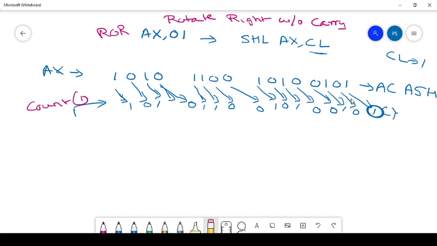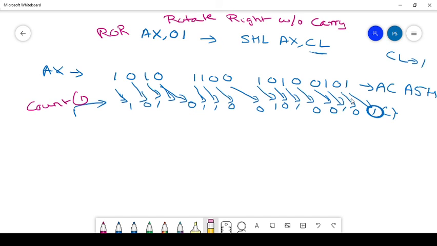The similar way RCL, rotate left through carry AX comma 01. Maybe the AX content is 0 1 0 1 1 0 1 0 1 1 0 0 0 1 0 1, and the carry flag is assumed to be already 1. So rotate left through carry.